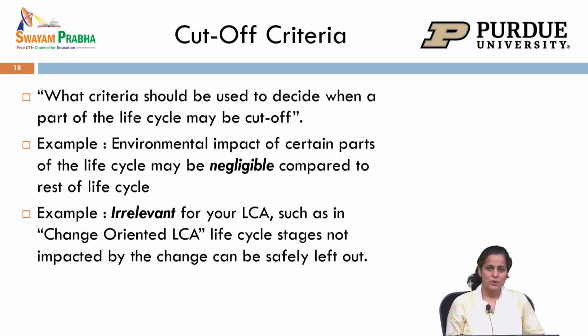There can also be processes irrelevant for your LCA. For example, in our consequential LCA, if there are life cycle stages that are not impacted by the change, they can be safely left out. So, that can be your background processes and those are not going to be included.